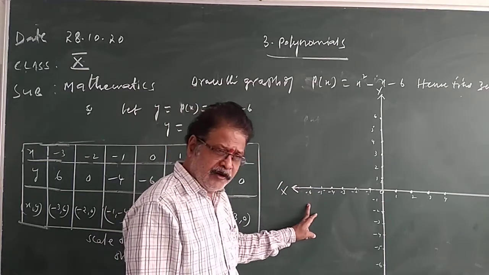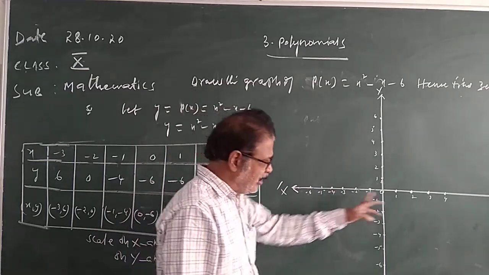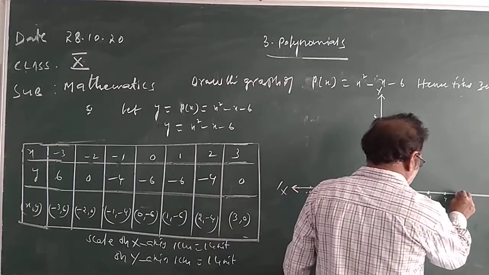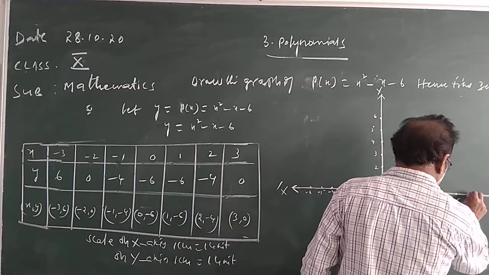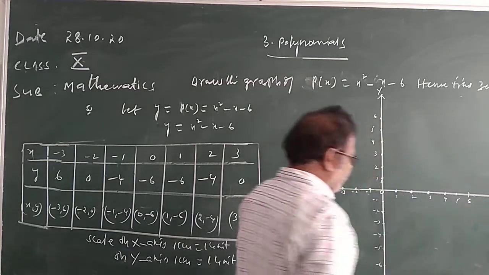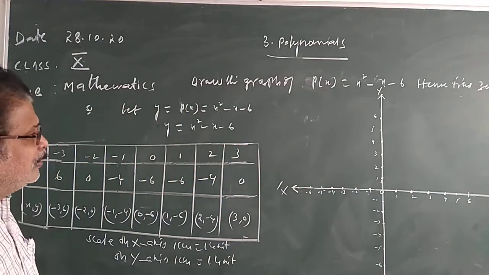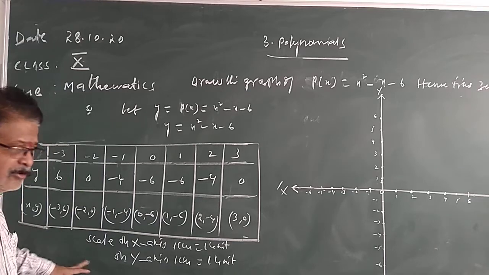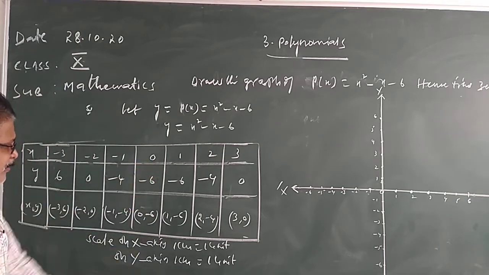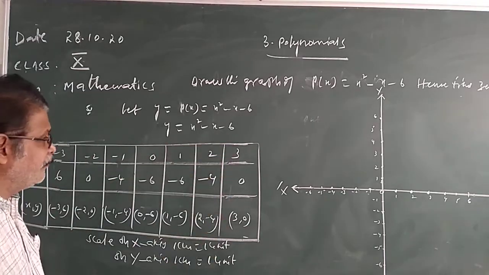Here the negative value 6 we will take, minus 6. Here also take positive value 6, no problem. How much is required, that much only you can take. Extra also you can take, no problem. Now you list out all this and plot all this on the graph sheet.